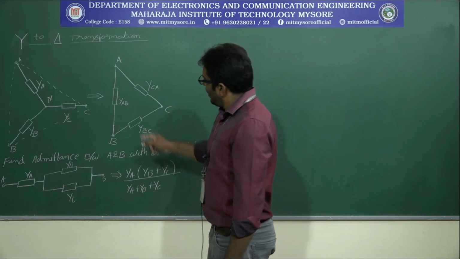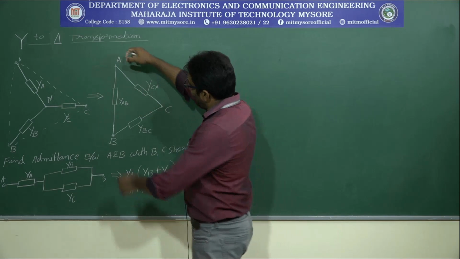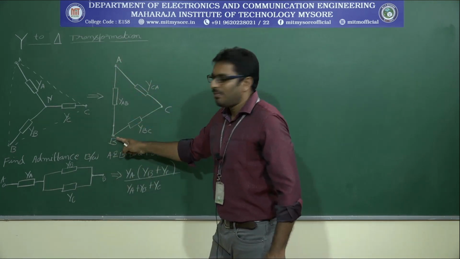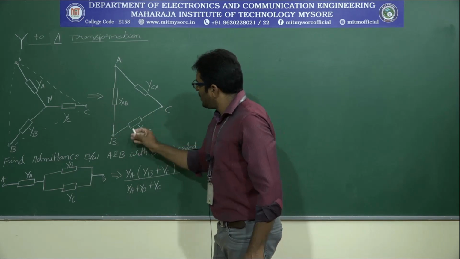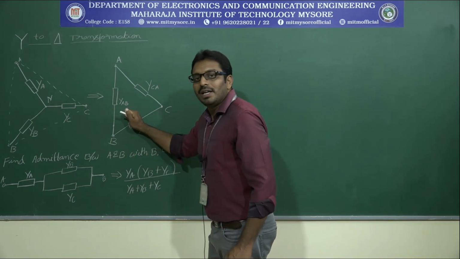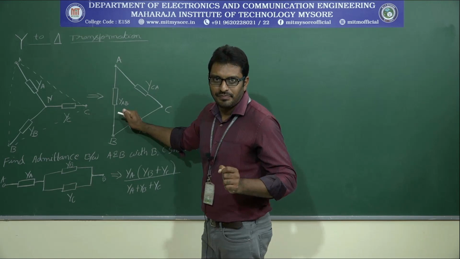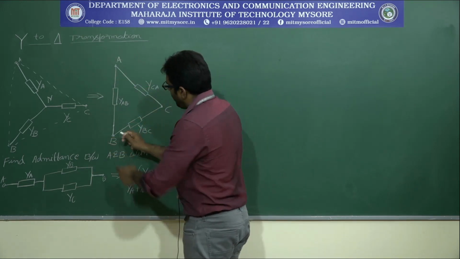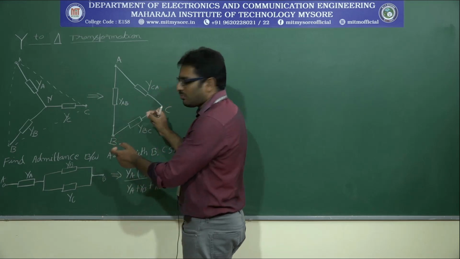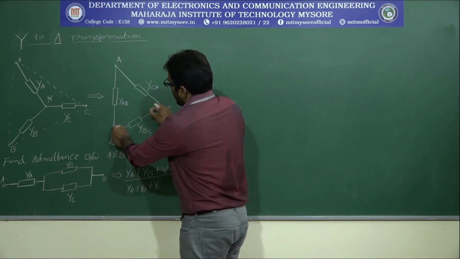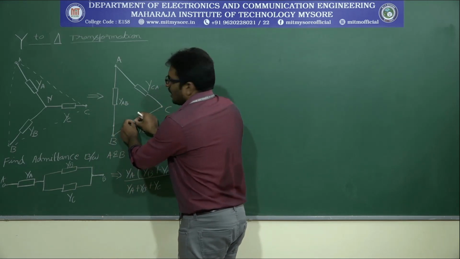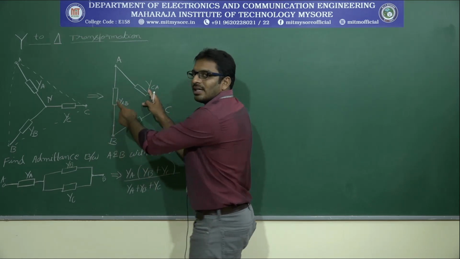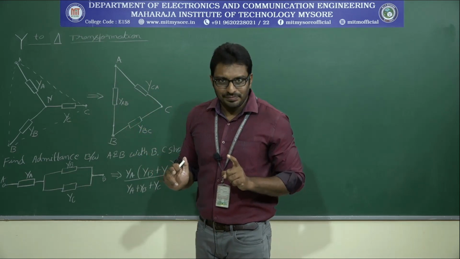Similarly, find the effective admittance between these two terminals, I mean A and B terminals, with BC shorted, means this admittance will be eliminated. If you measure the admittance between A and B with BC shorted, these two terminals are directly connected. Now these two admittances are connected in parallel.